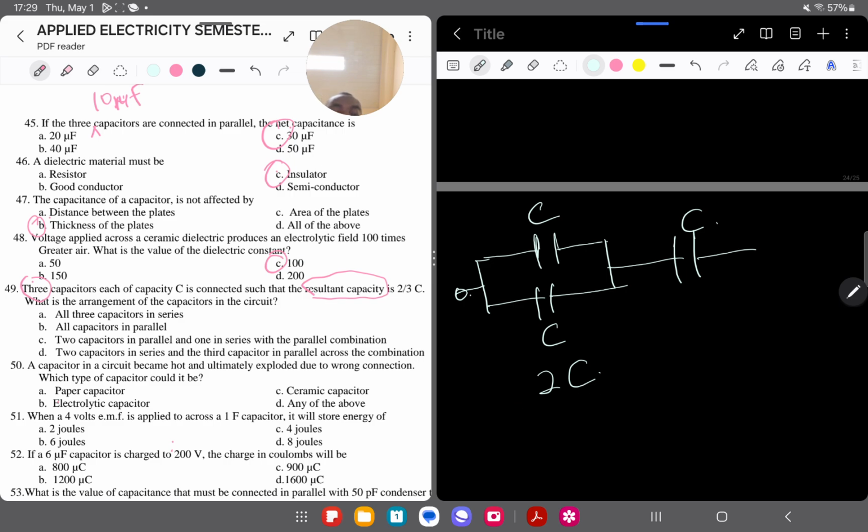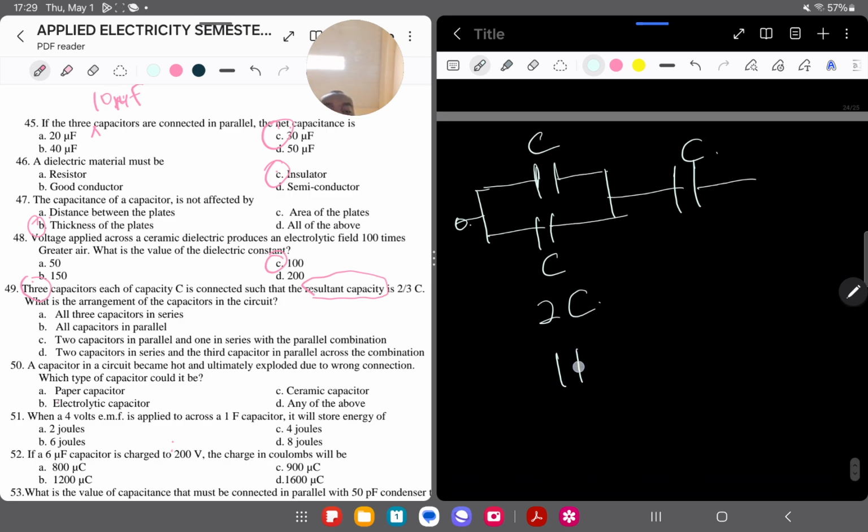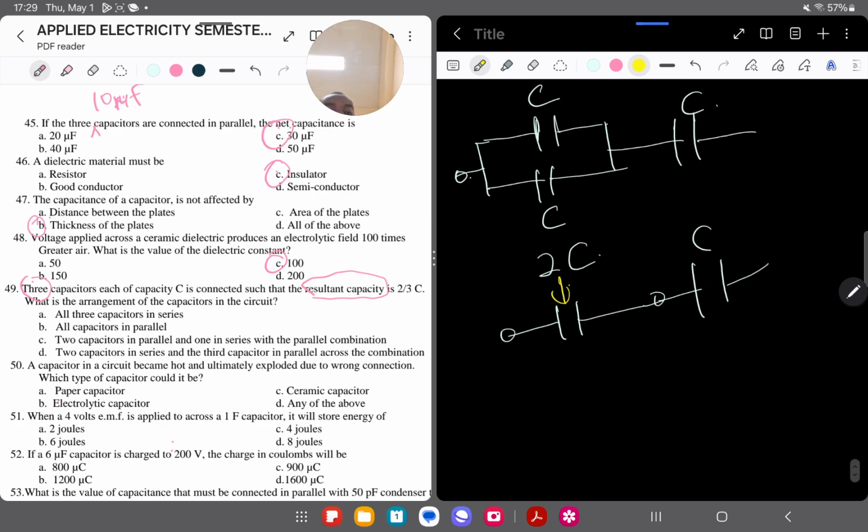So meaning the capacitor now, which is 2C here, will now be in series with this one, right? You can see it's in series with this. So this is 2C, and this one is C.